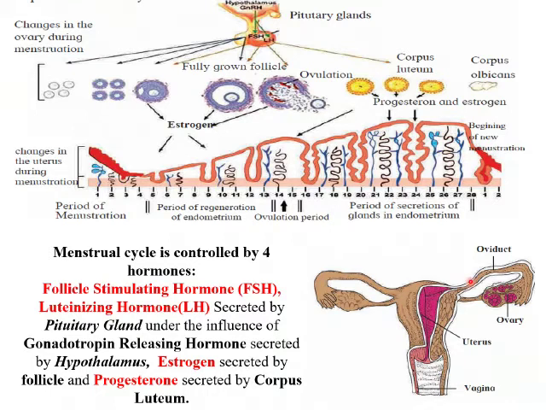Now this oocyte remains in the oviduct for 24 hours. If within these 24 hours the oocyte comes across a male gamete, that is sperm cell, there will be fertilization, and the fertilization will result in the formation of a zygote.